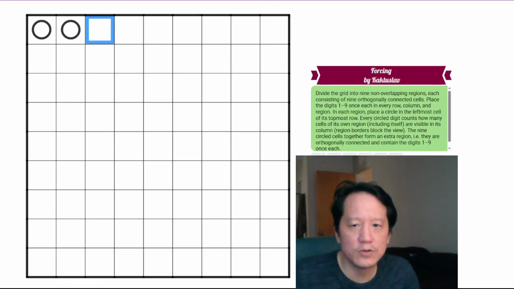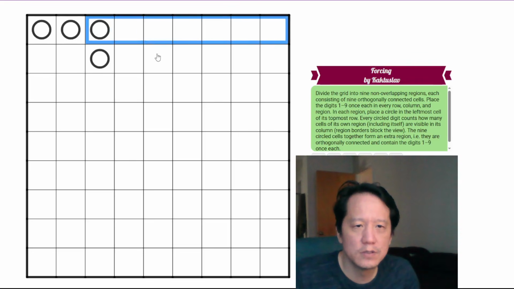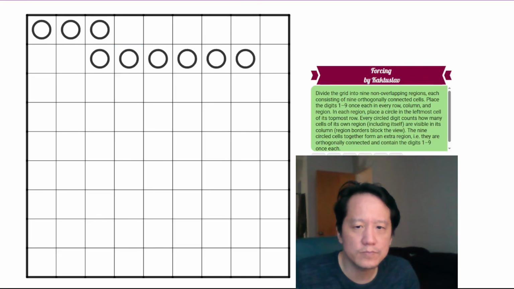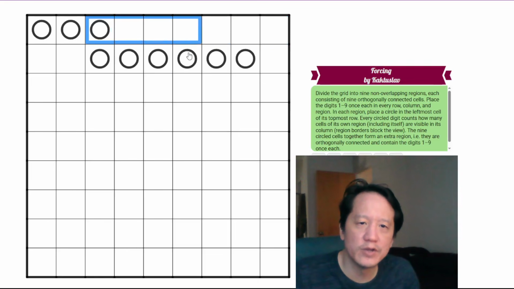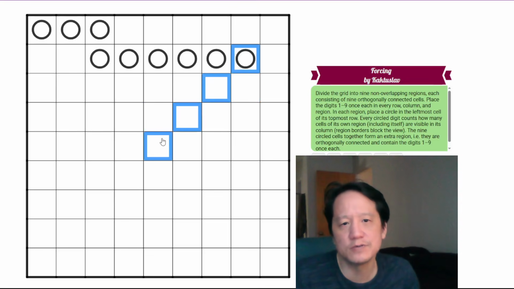So can we go this way even before going here? I think the answer to that is probably no, right? Let's try. Then this would go... Yeah, because this is the leftmost cell of the topmost row, we have to orthogonally connect to one of these 4 cells.